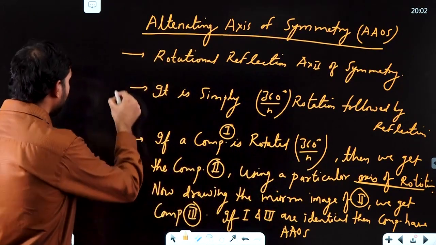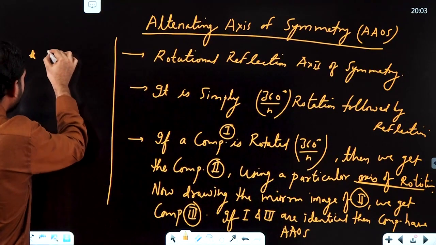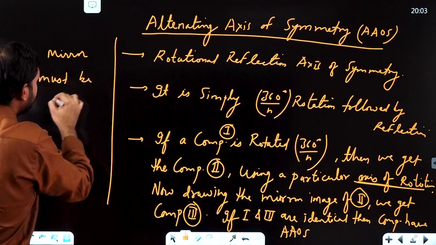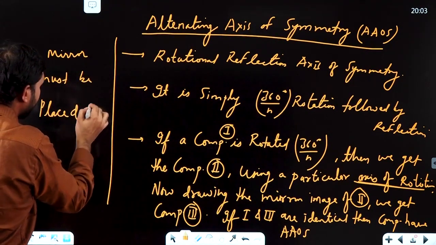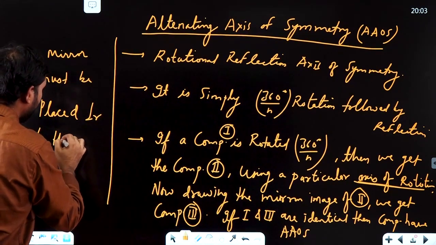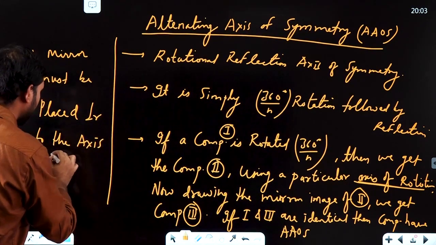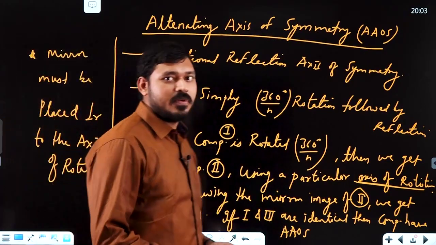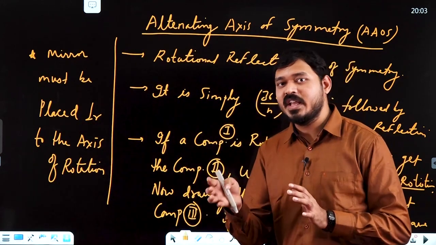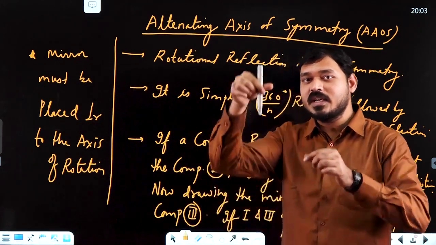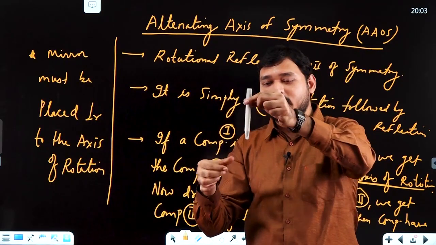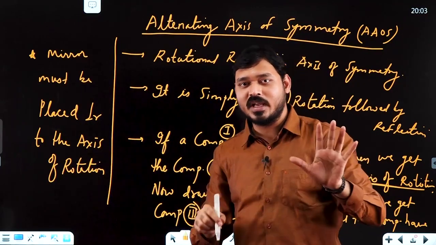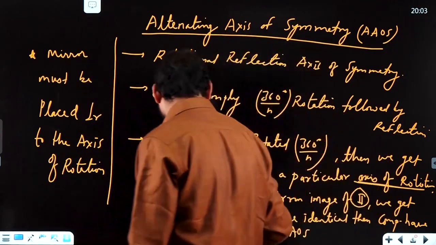Here you can write a note: mirror must be placed perpendicular to the axis of rotation. So if you have rotated the compound by 360 degree by n using a particular axis, then the mirror must be placed here, so both are perpendicular to each other. Got it? Okay, so it is clear. So let's see by example.